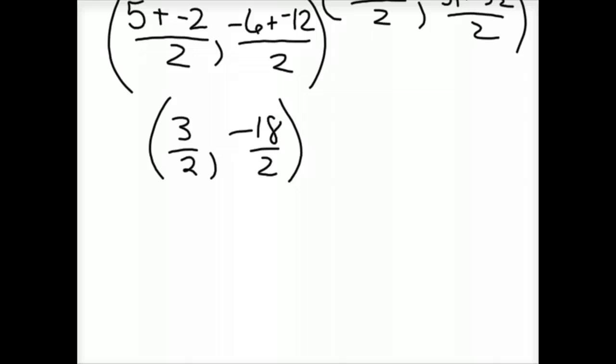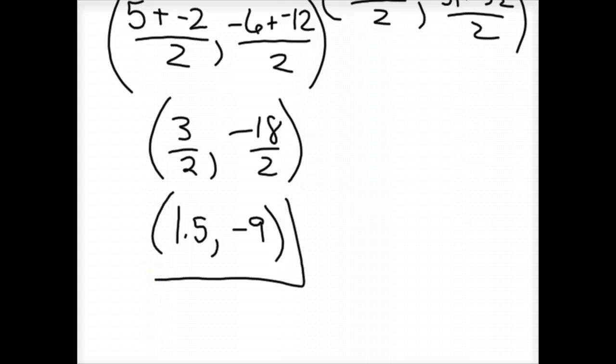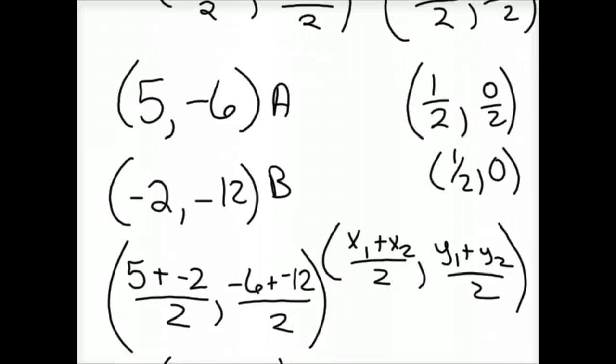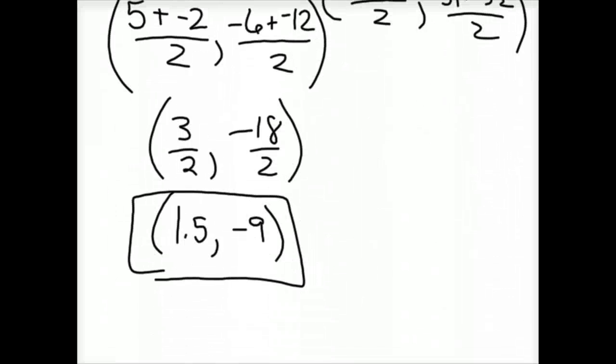And beautifully enough, that gives us 1.5 and negative 9. And there's your midpoint. It'd be a good idea to check your answer, plug that in, see if it works.